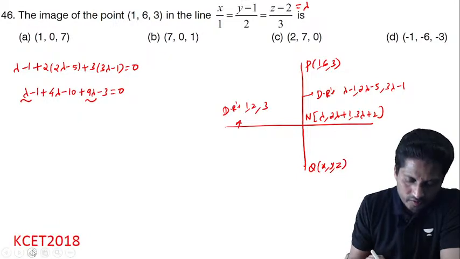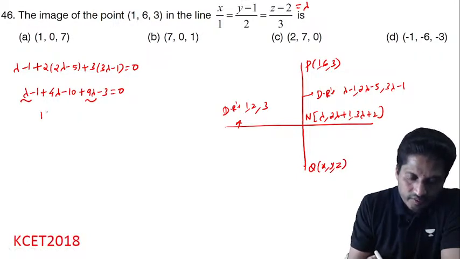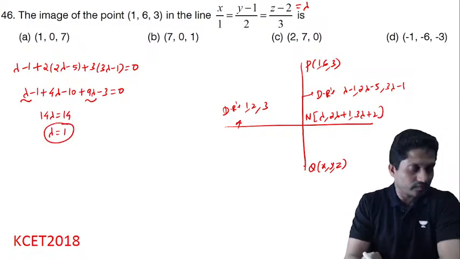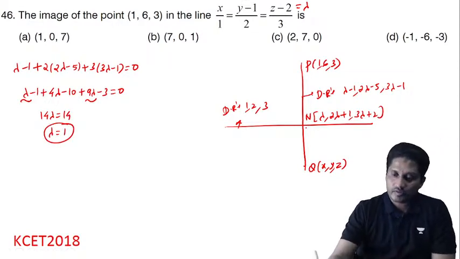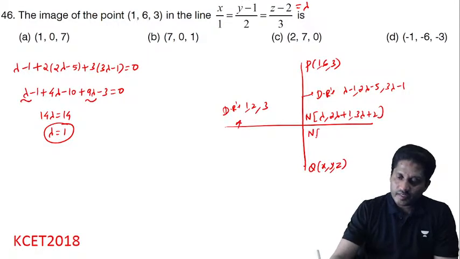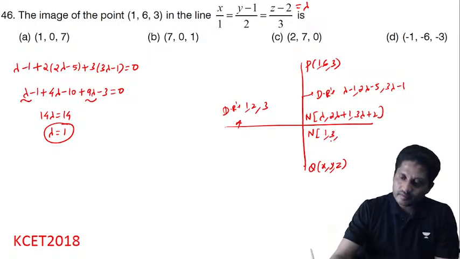We get 14 lambda is equal to 14, so lambda is equal to plus 1. Right. Now if I substitute, the foot of the perpendicular will be 1, 3, 5.